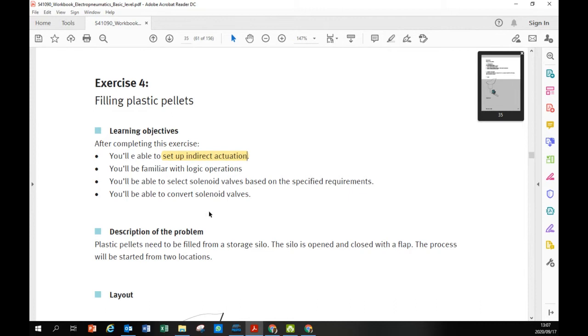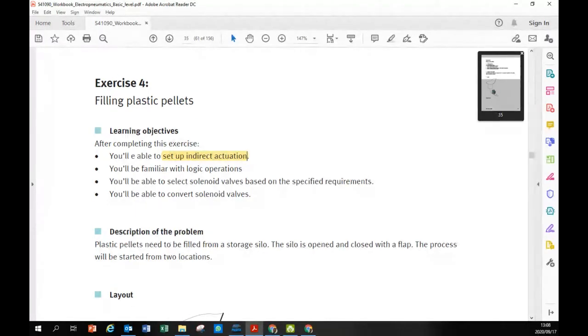If my memory serves me right, you will always be required to set up every exercise, not necessarily every exercise, but when I test you, I require you to know that by default your circuit is an indirect actuation. I don't need to mention it in the lab, in the test, or in the question that you are doing an indirect actuation.